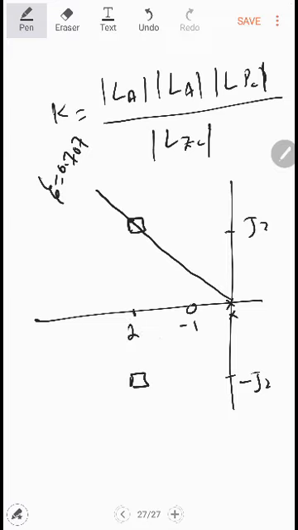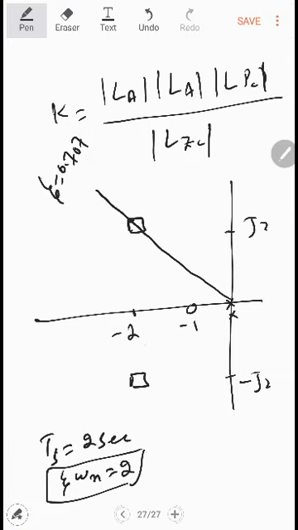So we found zeta omega n, which is equal to 2 in our case, since the settling time is 2 seconds. That is why we found this zeta omega n. So we had these values.